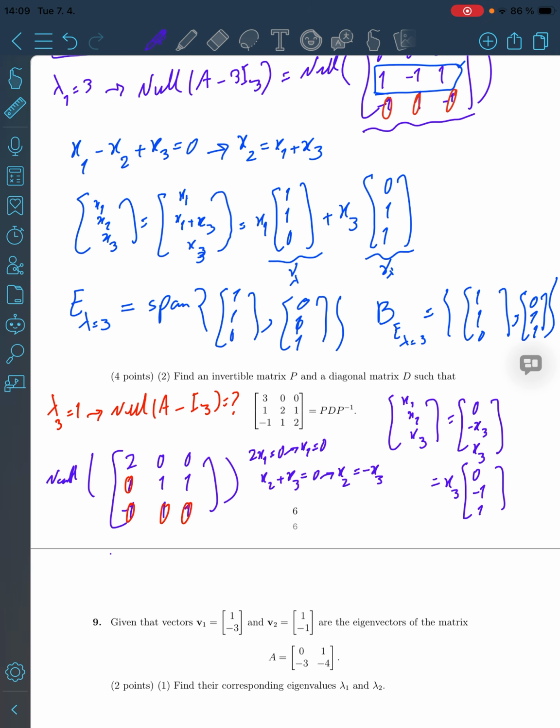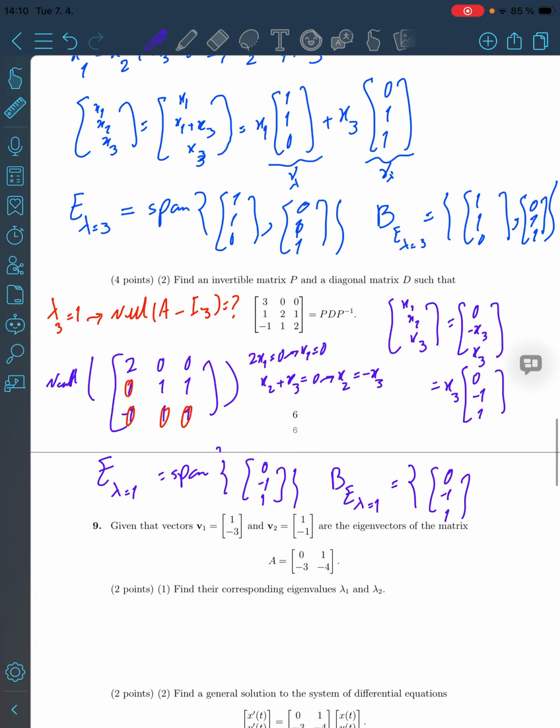Now we can easily see that the eigenspace for lambda equal to 1 is equal to the span of this vector 0, negative 1, 1, right? And then the basis for the eigenspace corresponding to lambda equal to 1 is just this set 0, negative 1, and 1.